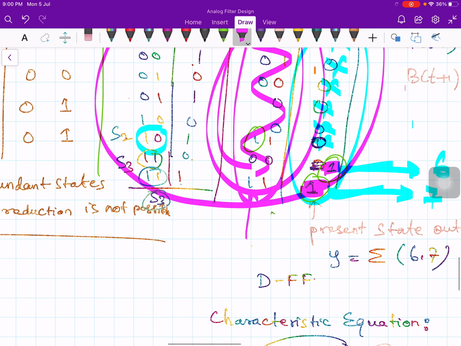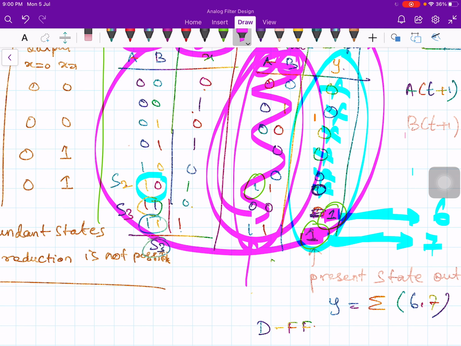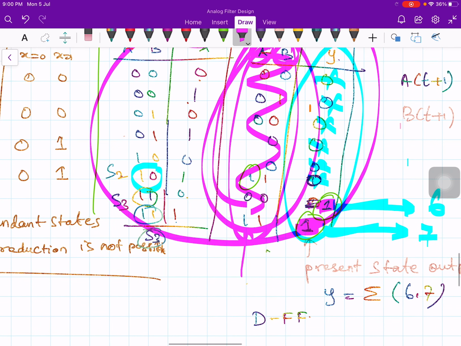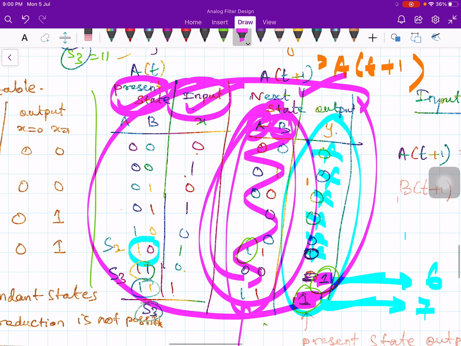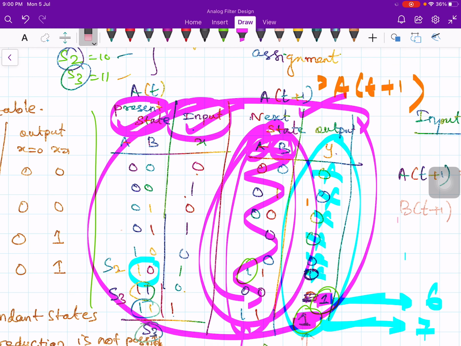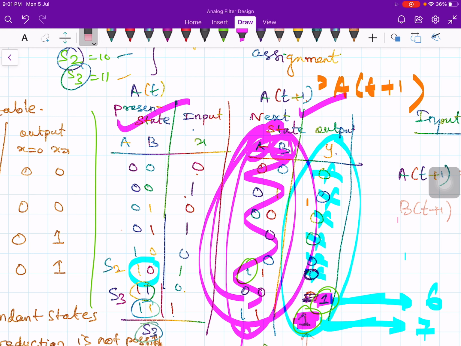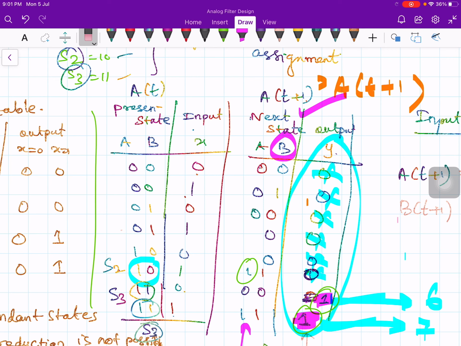This type of table is useful for analyzing sequential circuits and defining the operation of flip-flops. During the design process we usually know a transition from present state to next state. If you look at here, this is my present state and this is my next state.